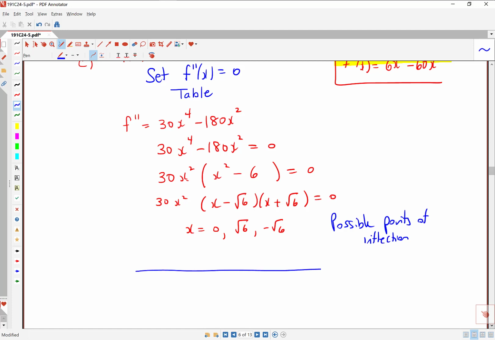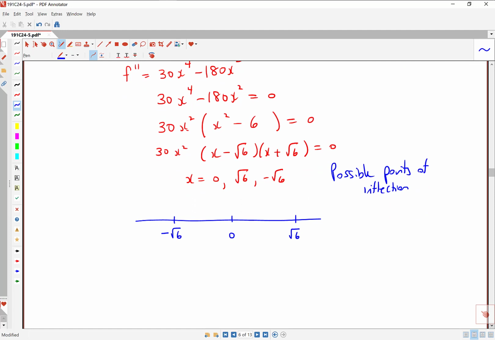So this line here represents our number line. Let's put our 3 x values on there, and they should be in numerical order. So minus root 6, then 0, then root 6. And when we're talking points of inflection, we're really interested in figuring out the sign of the second derivative, and then we'll write down what that means for our function.